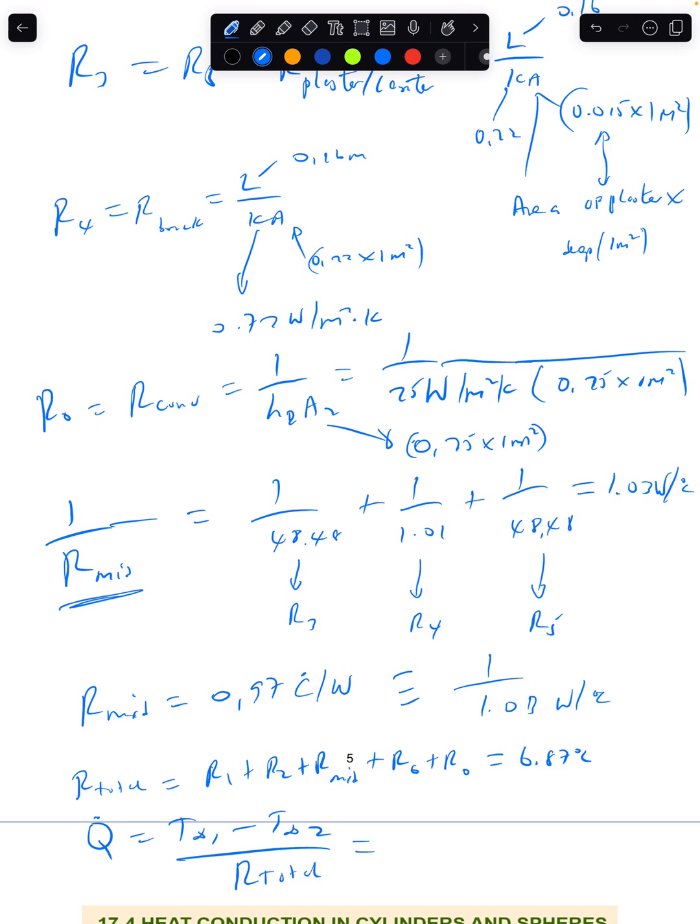That will give us 20 minus 10, all that in degrees Celsius, over 6.87.